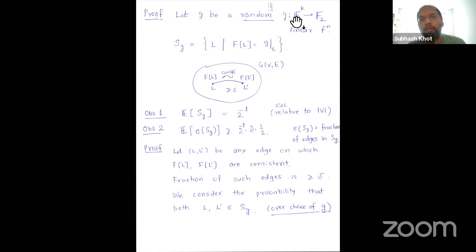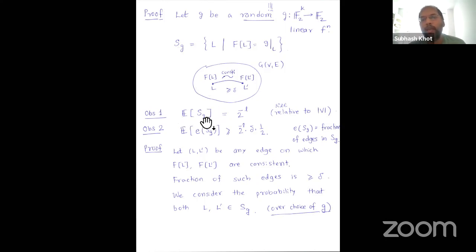And let S sub G be the set of those spaces L for which G is consistent with the given table. So S sub G is all spaces L for which the linear function this table assigns to L agrees with G; then that L is in the set, otherwise it's out. That's the definition of this set S sub G.